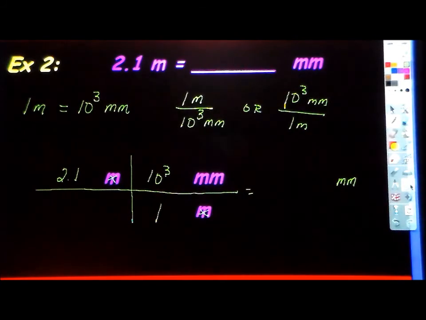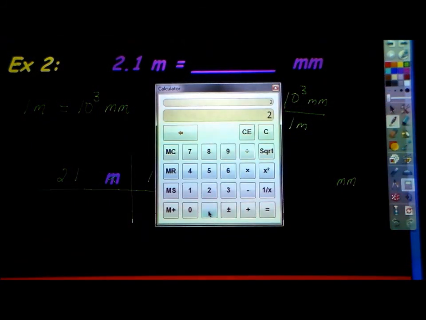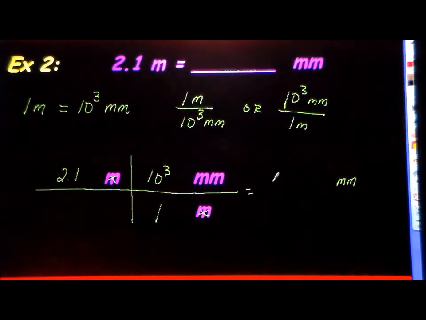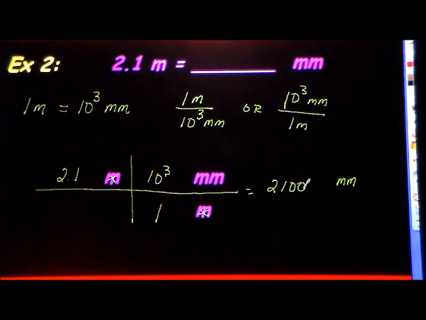So let's pull out the calculator, and it's 2.1 times 10 cubed, which is 1,000. And so I get 2,100. Again, I still only need the 2 sig figs, so my answer will be 2,100 millimeters.